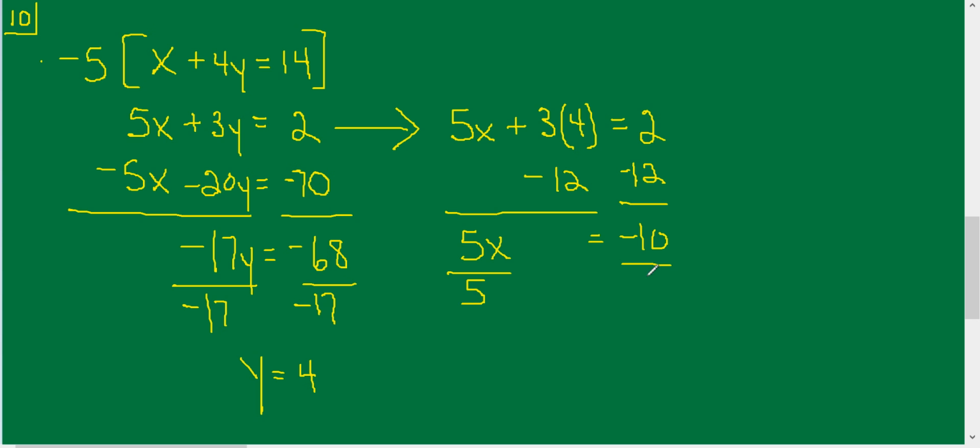Divide both sides by 5, and x equals -2. -2, 4 is my solution set.